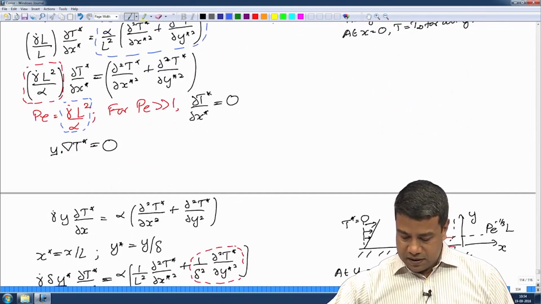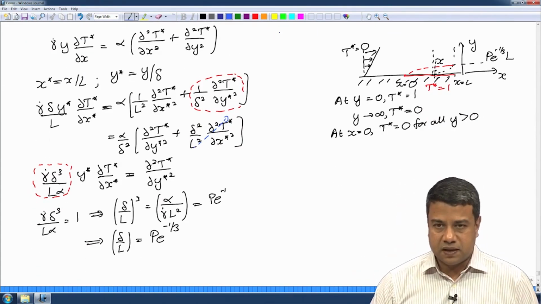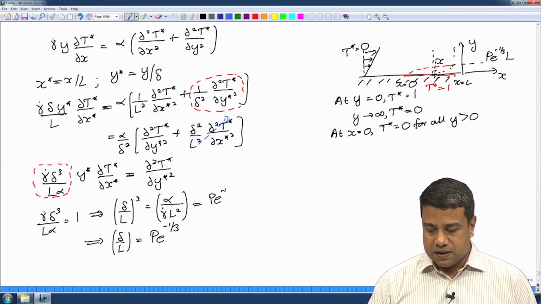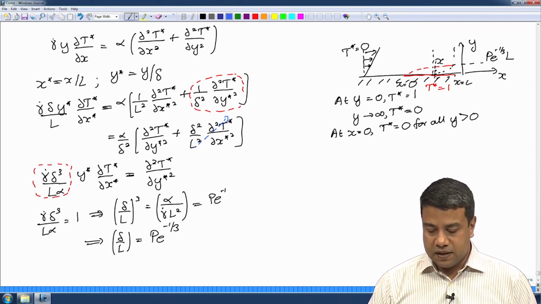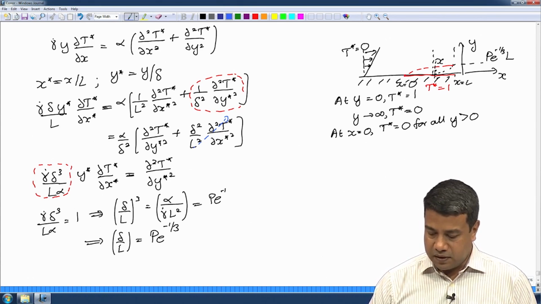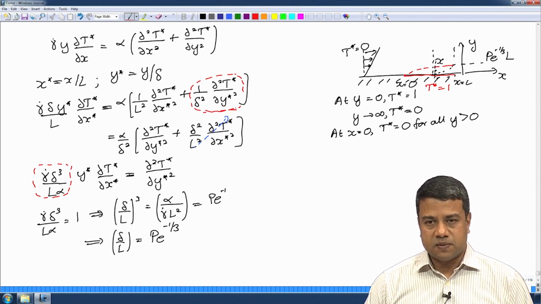In the last class, we had derived the dependence of the thickness of this region just by scaling the cross stream distance by a boundary layer thickness delta. Once I have scaled the cross stream distance by delta, I can put it into the equation, and the diffusion term is proportional to 1 over delta squared.